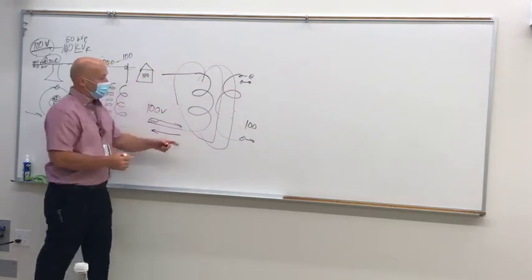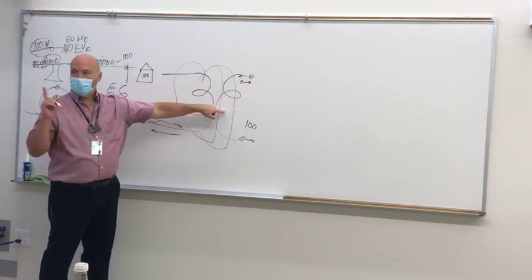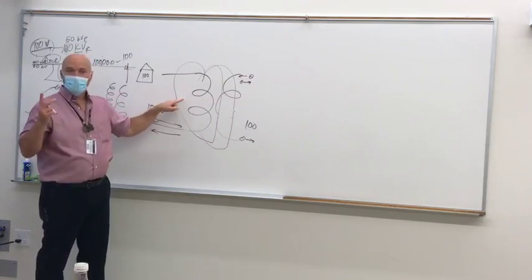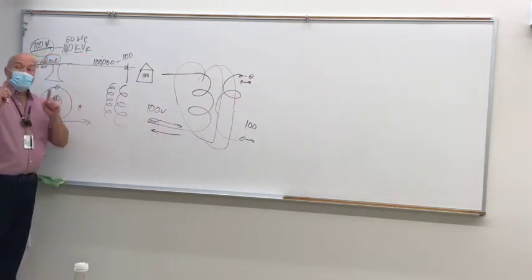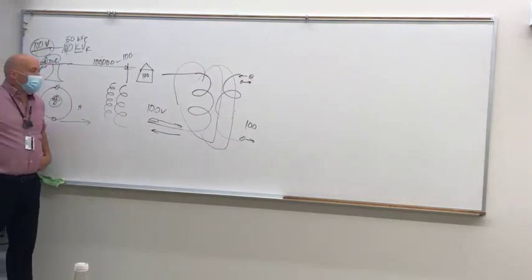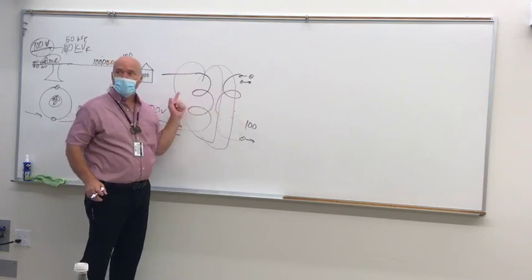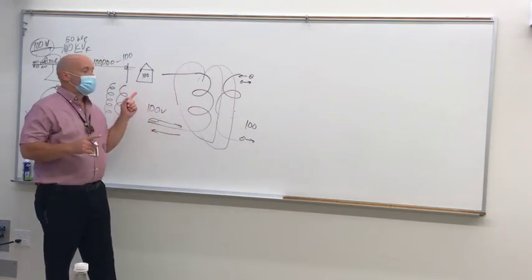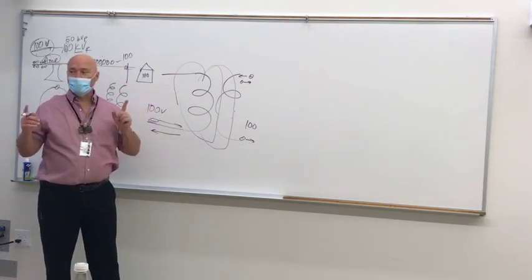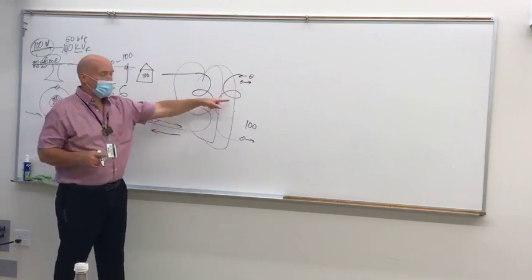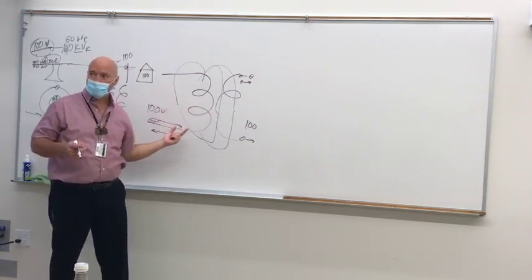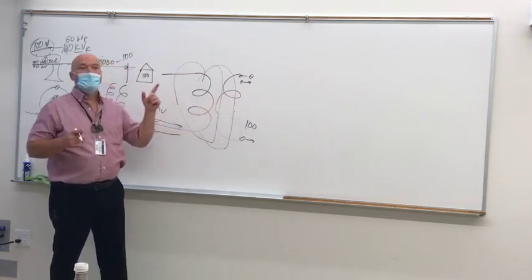How many turns do I have on this side? One. How many do I have over here? Two. According to the transformer law, the voltage on the secondary side of a transformer changes in direct relationship to the turns ratio between the primary and secondary side.